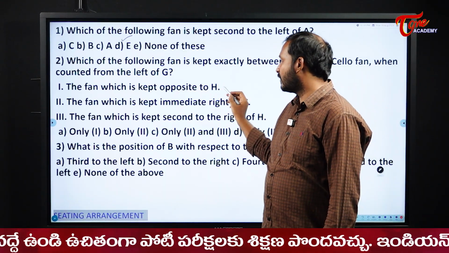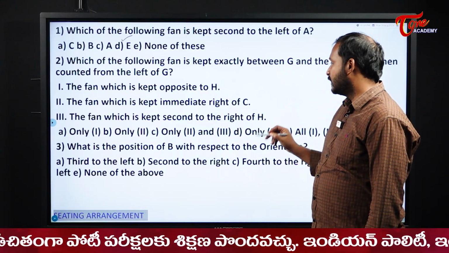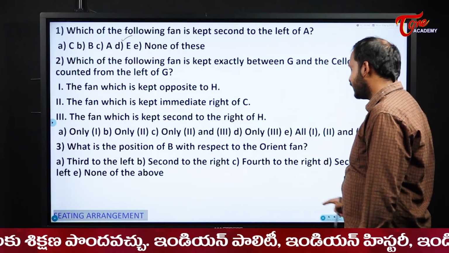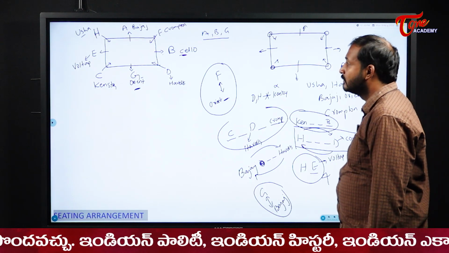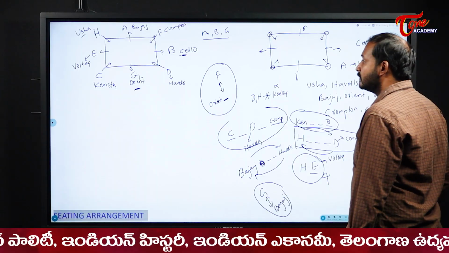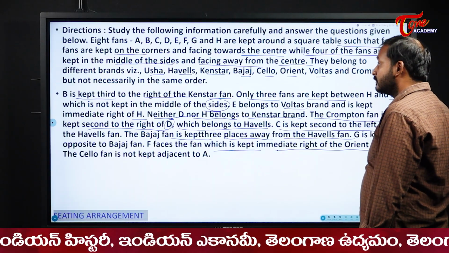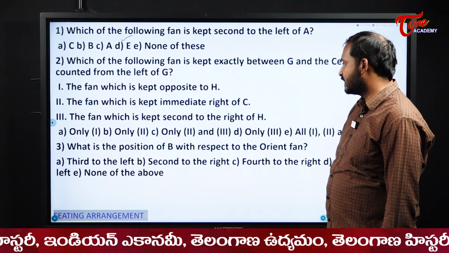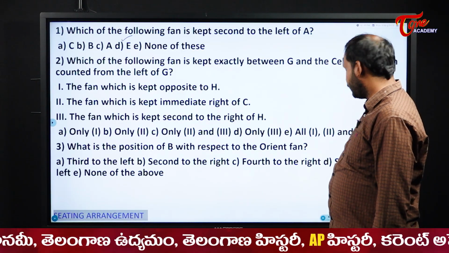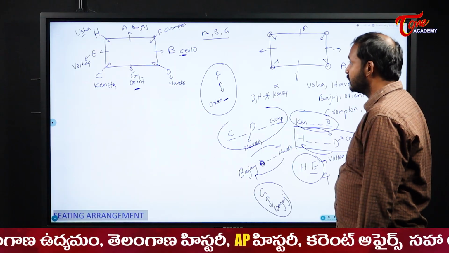The fan which is kept opposite to H, no. Immediate right of C, no, it is not correct. It is H only. And what they are telling, the fan which is kept opposite to H. Left of G, one second students.